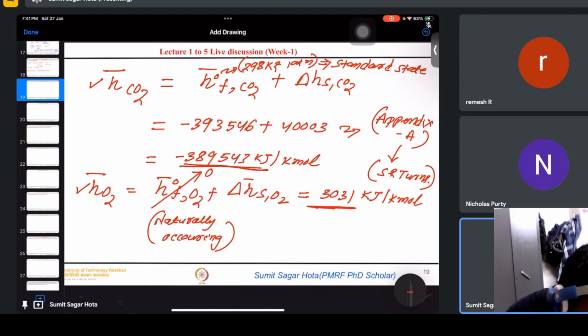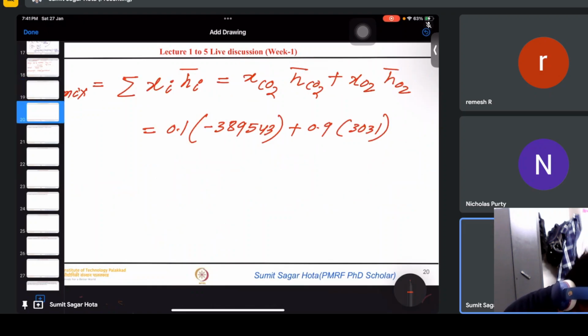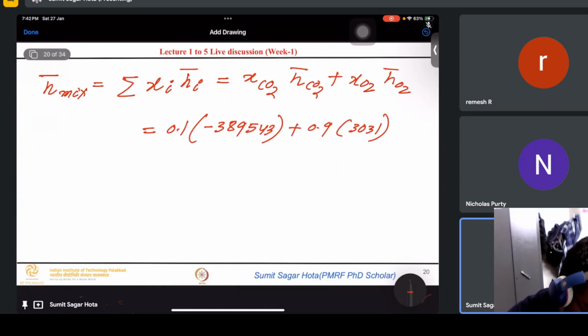All these things are available in your Appendix A. There are lots of appendices; just go through them once. Today maybe you can go through all the appendices in Turns, third edition. All the details are also available in your lecture 1, in the initial minutes.